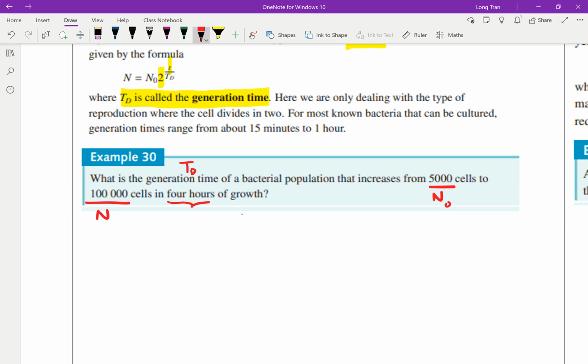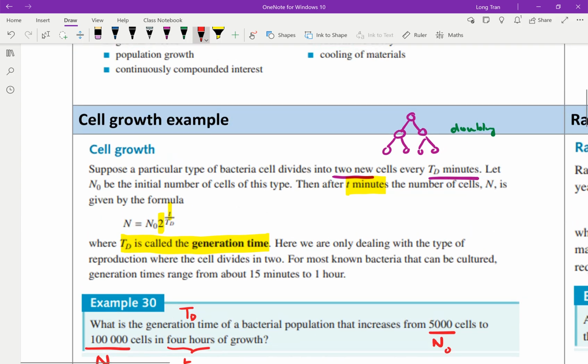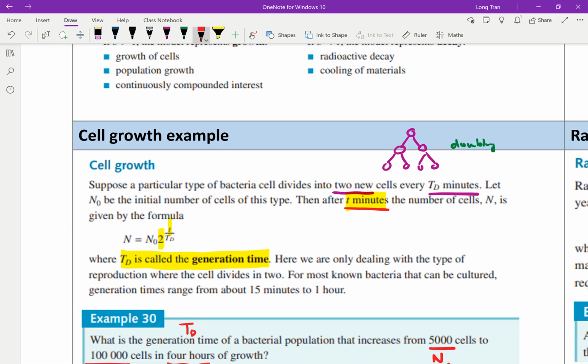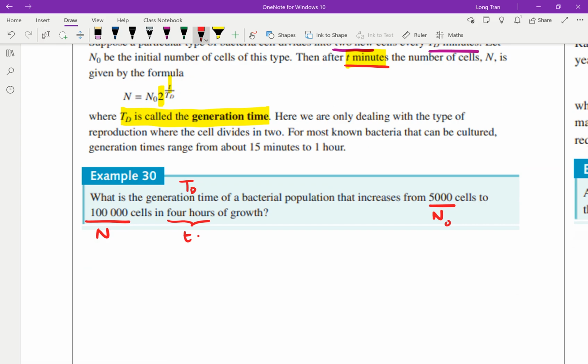But remember, this is in hours when they already told you that T has to be in minutes. So I'm going to write 4 hours, which is the same thing as 240 minutes.